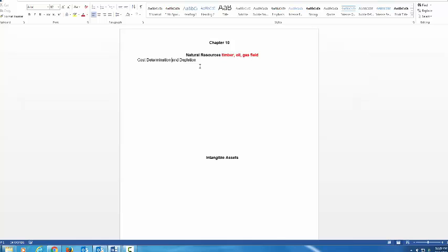For our cost determination on natural resources, the costs are going to include all costs necessary to acquire that natural resource and prepare it for use.